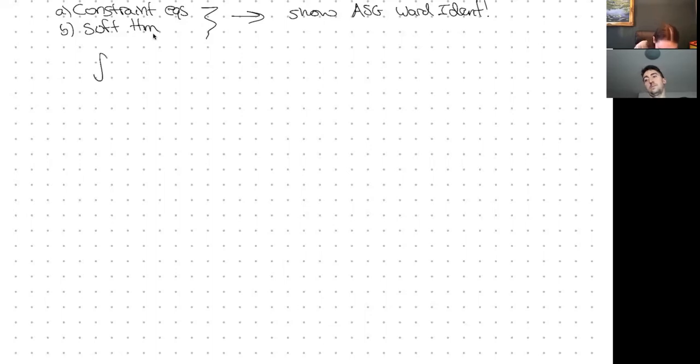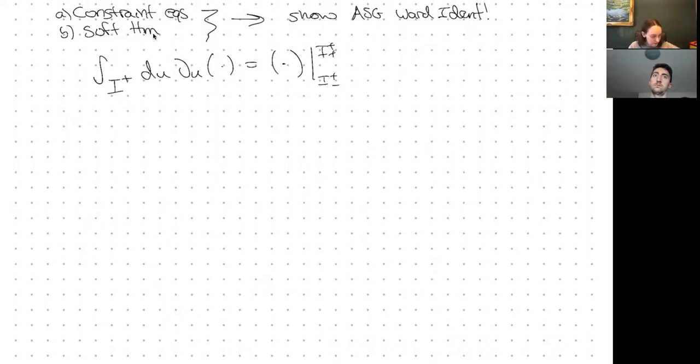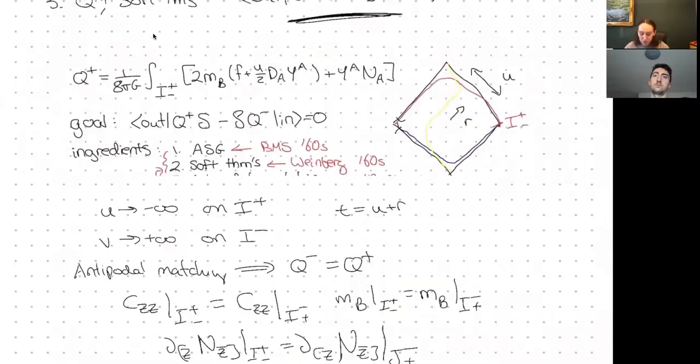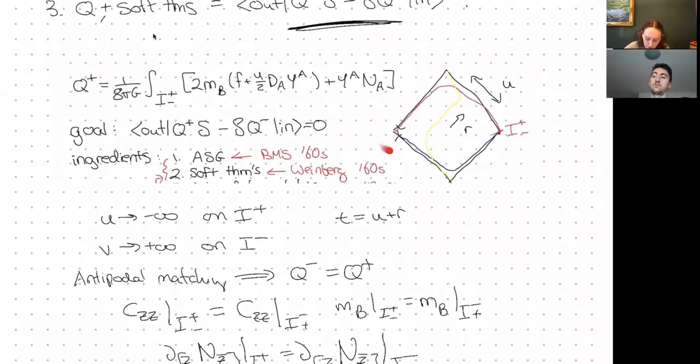So what we have is the following. I'm going to do a very simple thing here, which is to say that an integral over scri plus of u of a u derivative is the boundary values. Why am I writing down something relatively mundane like that? Because right now, at the level of where these charges are defined, typically what's the data that I think of as knowing on my given Cauchy slice?